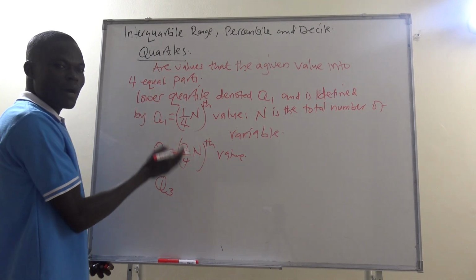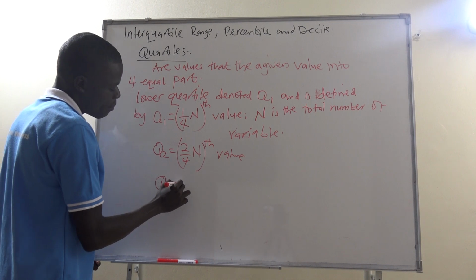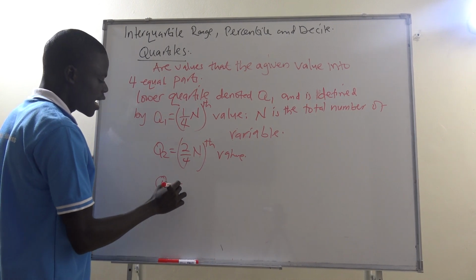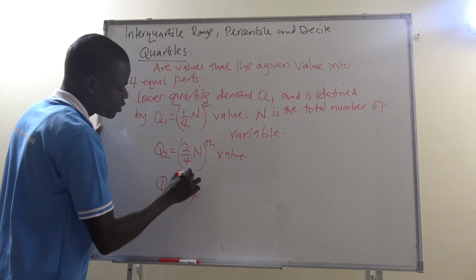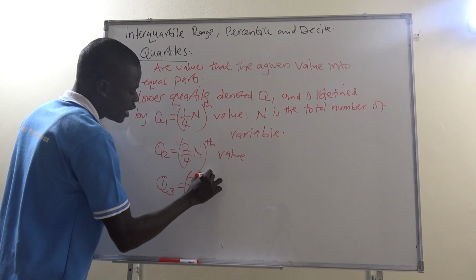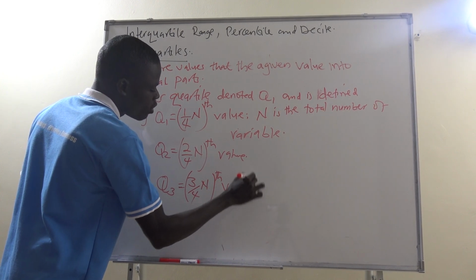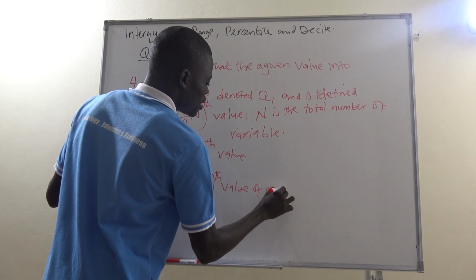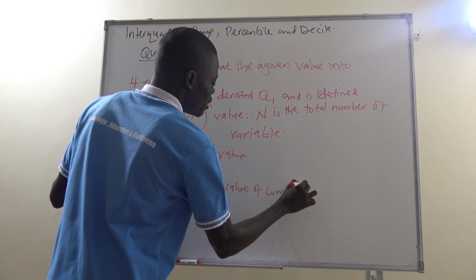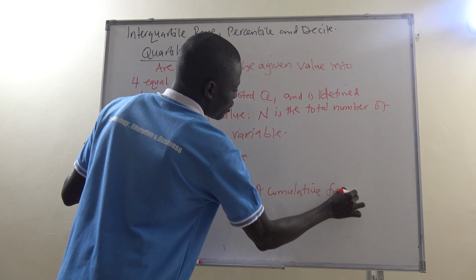This one is the lower part, this one is the middle part, this one is the upper part, Q3, and it is given by 3/4 of n's value from cumulative frequency.